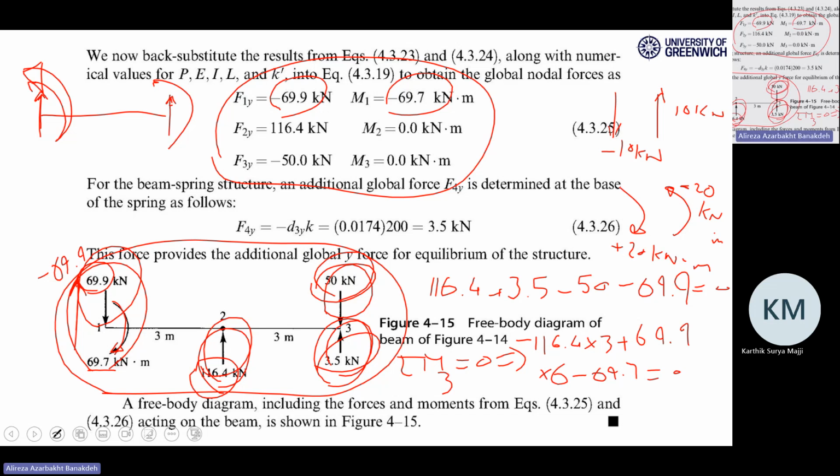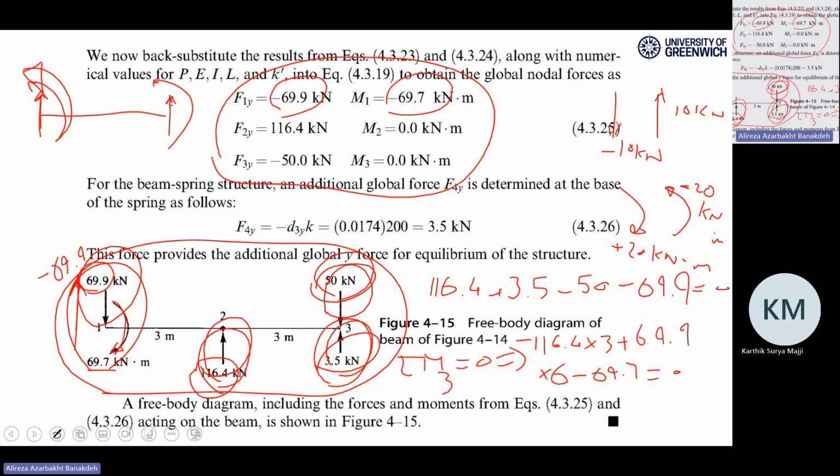That's true, but a little further, I would say the solutions for equilibrium equations are unique. You only have one set of solutions for reactions. You cannot have two sets of solutions for your unknowns. The solution of your problem is unique.